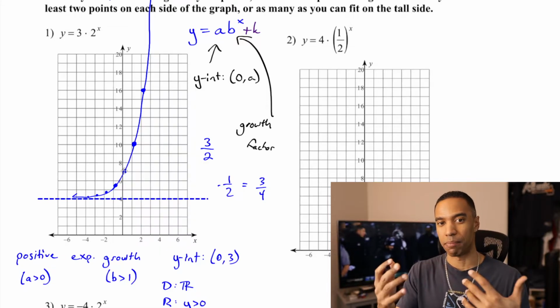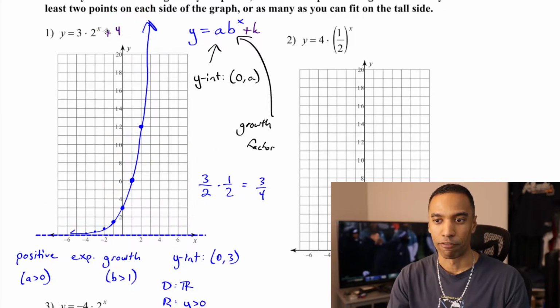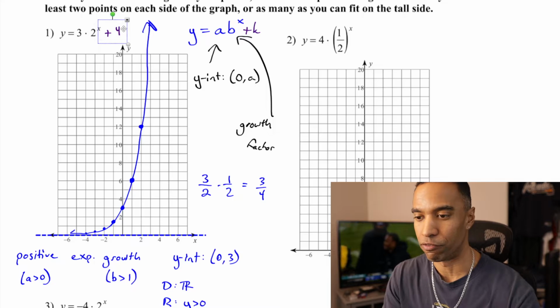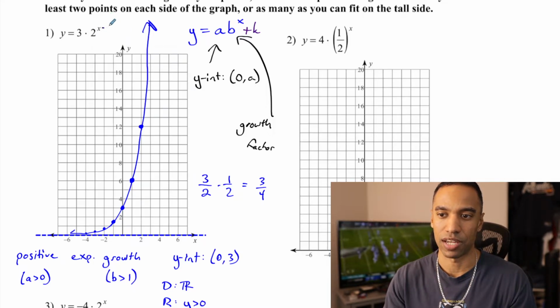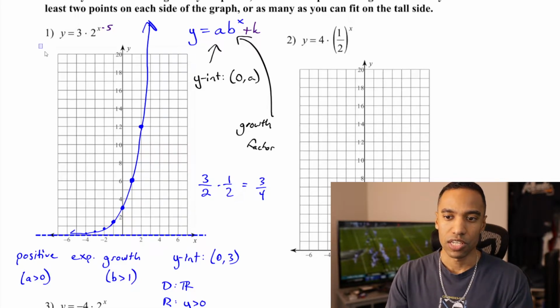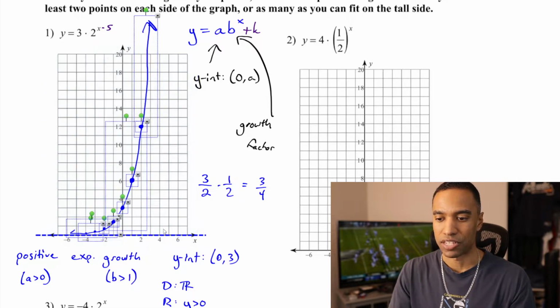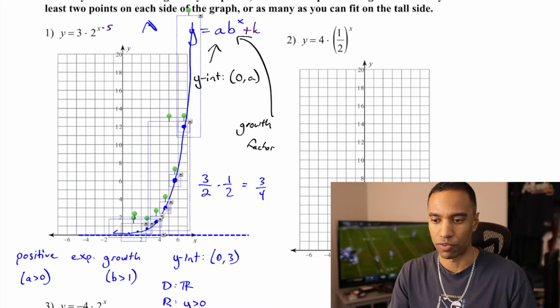Everything would be shifted up 4 units just like that if you had something there, like a 4 there. And minus 4 would be shifted 4 down. Now, if there was something else in the exponent, like a minus 5 or something, you've seen some of these before with me with your minus h, that we go to the right instead. This would have been translated 5 units over here.